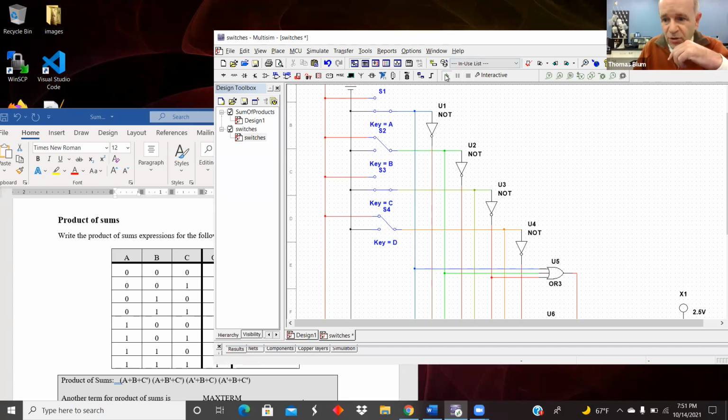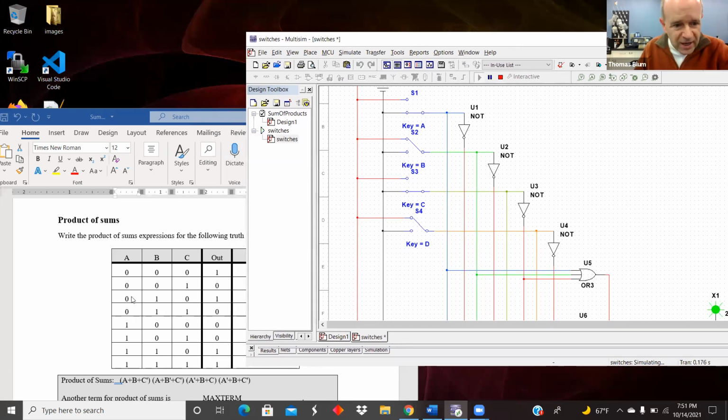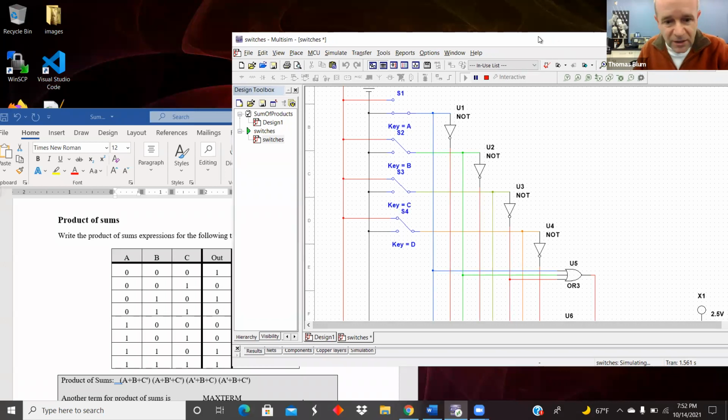And of course I should turn it on. That would help. And so then that row where A was low, B was high, and C was low should be a 1. But if I switch the C to high, then the probe should go off. So there's my probe. Now I'm low, high, high, and then the probe is off. You can barely see that it's just made it on the screen there.